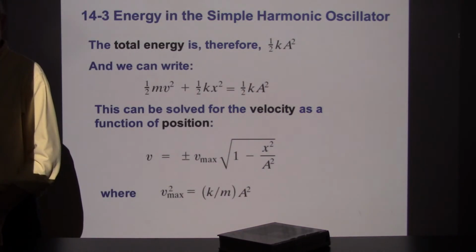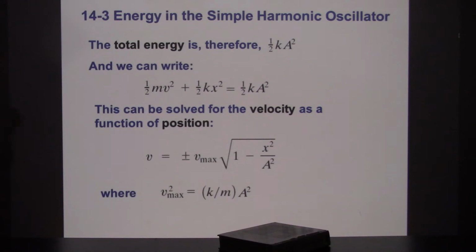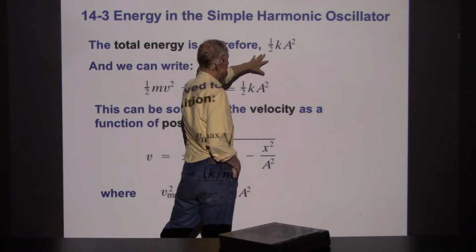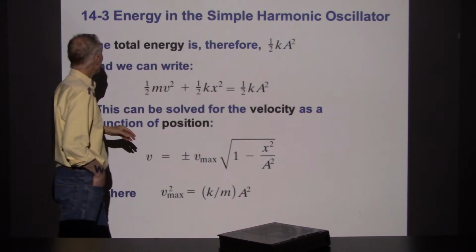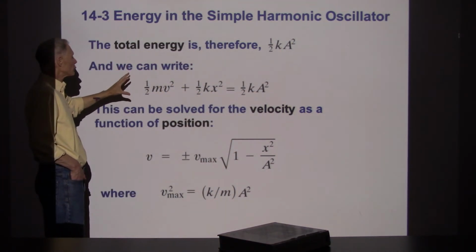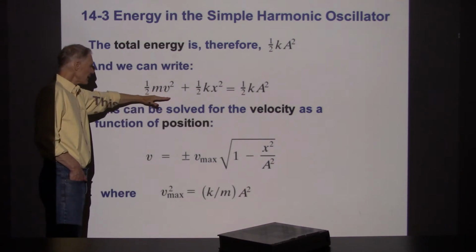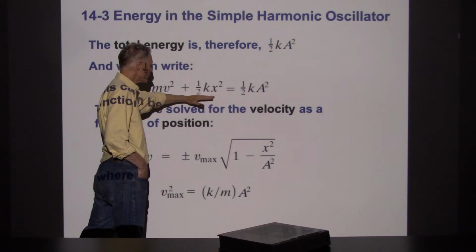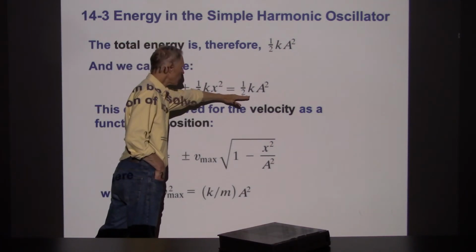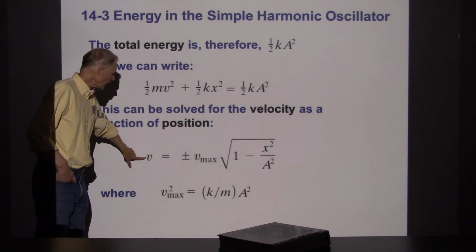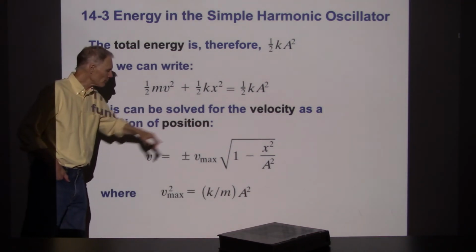All right, the total energy that we have for these oscillations would be 1/2 kA squared. That's what we saw. Now, that means that at any point during the oscillation, the combined kinetic and potential energies are going to equal the total energy, and that means that we can write down the velocity as a function of position.